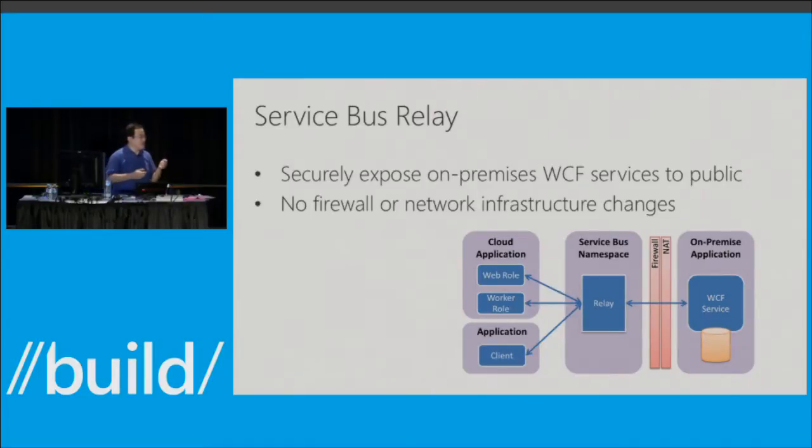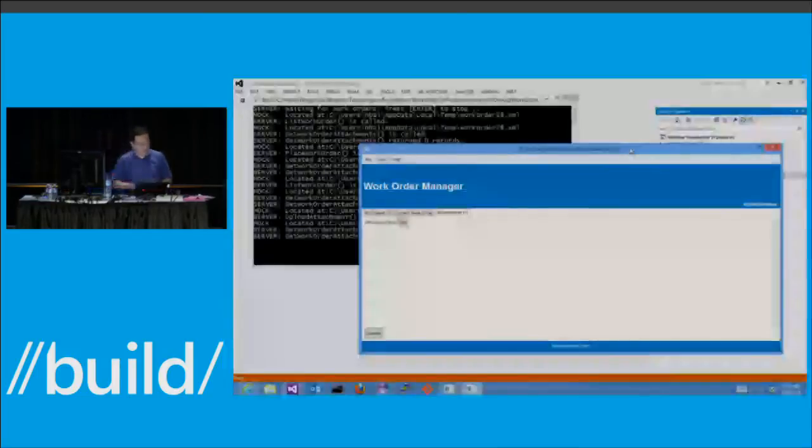And once you expose this endpoint, any computer anywhere in the world can connect to your service. Actually, this is what I'm going to show in the code demo. We'll actually enable the service bus relay between our on-premise WCF service and our website.